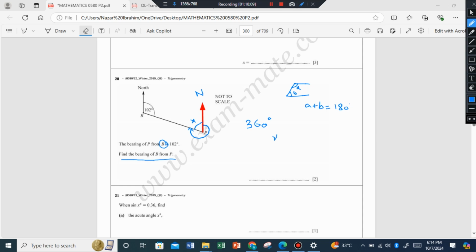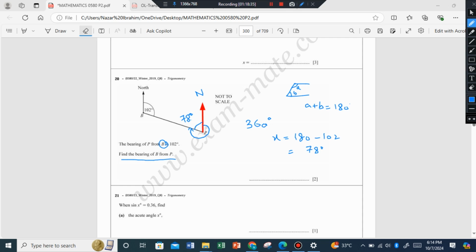So it means that 102 plus this angle is equal to 180. So if I want to calculate x, I will subtract 102 from 180. I will get the angle 78. So this angle is 78, right? Now what I need to find out is this angle.